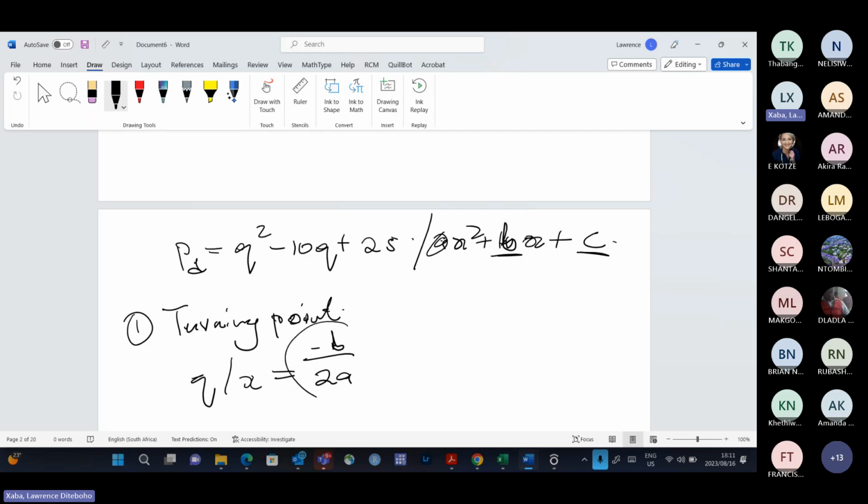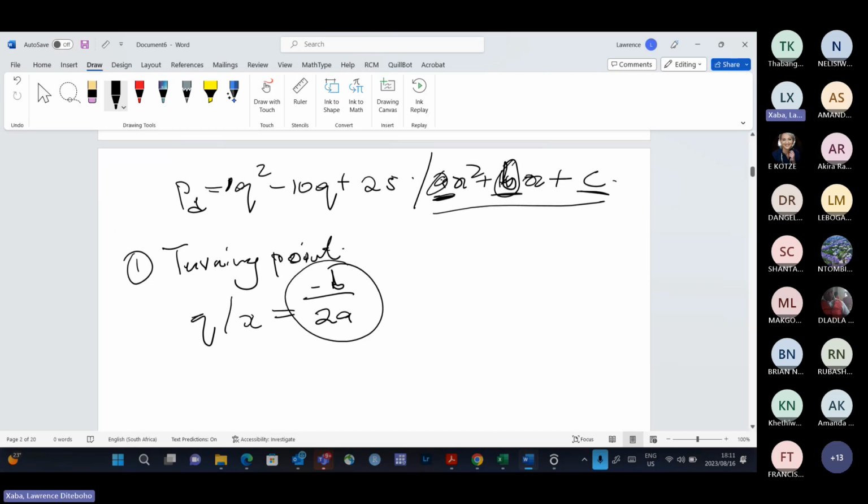So, like I said, this is A, we have B, we have C. So looking at this equation, from the given equation, we have to take the value of B that represents B in this equation, and we have to take the value of A from the given equation. So in this case, we have 1 here and we have minus 10 there. So what do we do now?